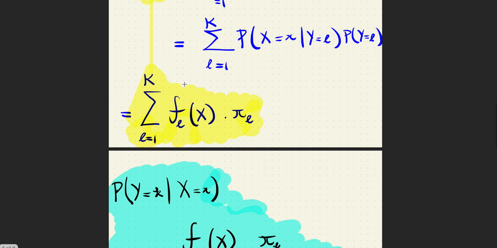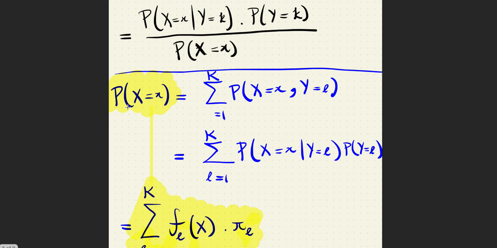Now, what about the marginal density of x?